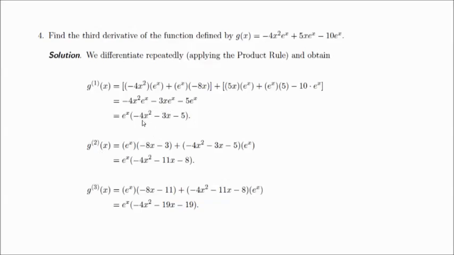Derivative nito is negative 8x minus 3. So ito yung sinasabi ko, dito siya mag-0. Kapag constant solely, so constant alone lang siya. Ayan. So 0 yon. Plus, copy this one. And then derivative ng e raised to x is e raised to x.